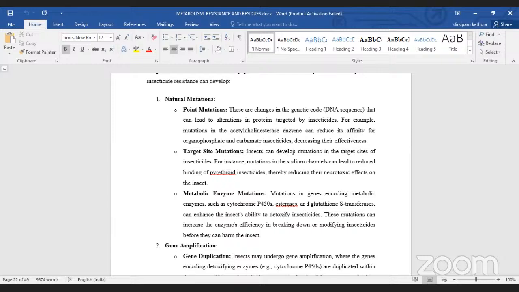Point mutation means a change at one particular base. That may be a deletion or insertion. Once the deletion or insertion occurs at one base in the DNA sequence, that leads to a change in the mRNA, and ultimately there is a change in the protein sequence also.